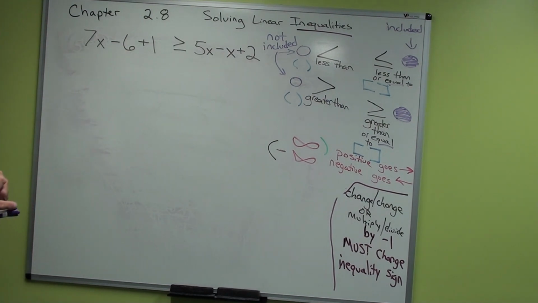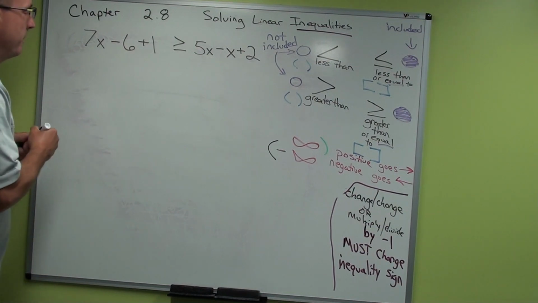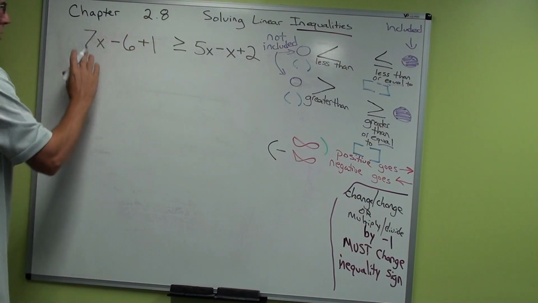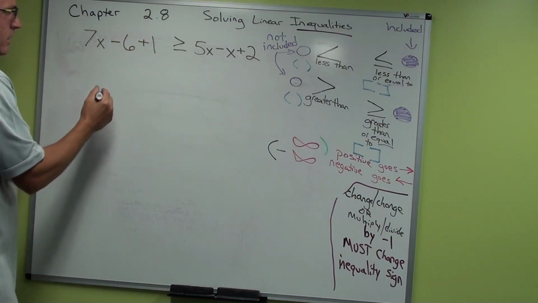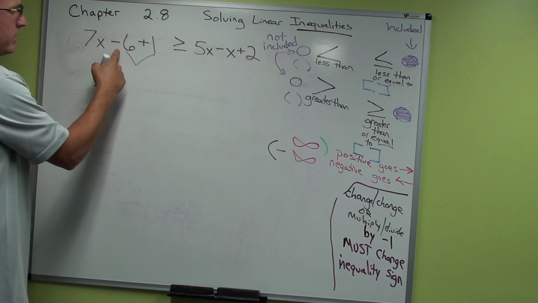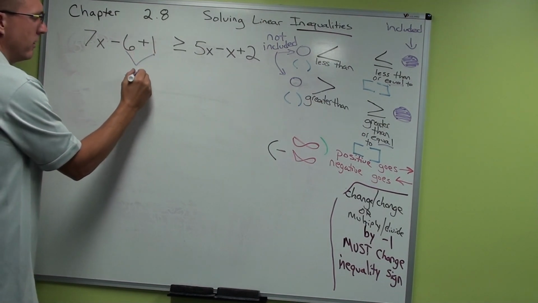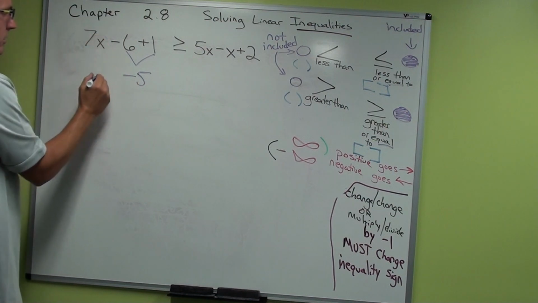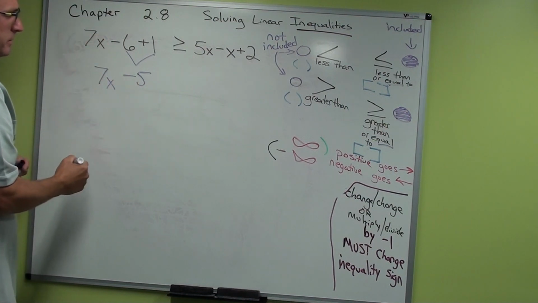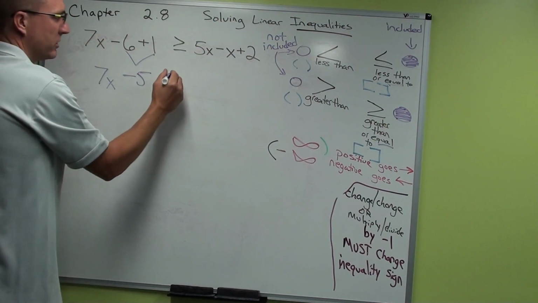So the first thing you should be thinking is, how can I make this easier to do? Combine like terms. Look at what you could combine over here. That's this right here, minus 6 plus 1. That's going to give you a negative 5. Bring your 7x down. Bring your symbol down.